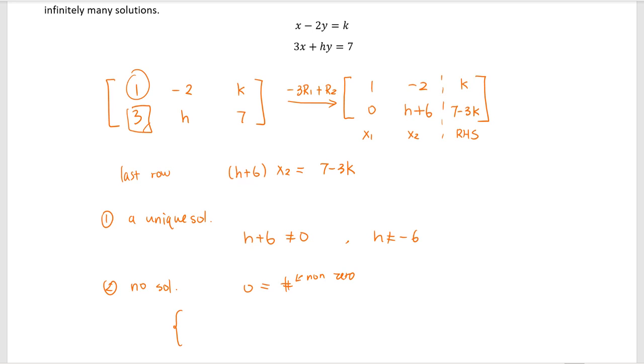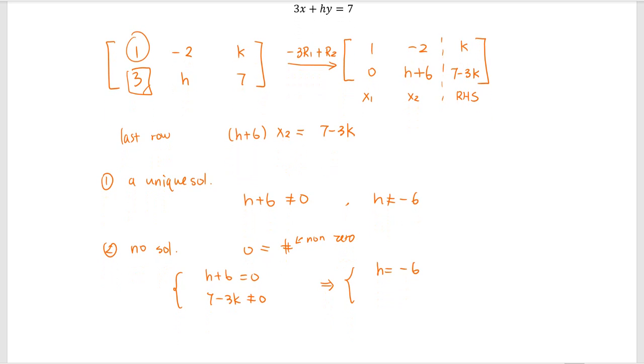So you want h plus 6 to be 0, and for the right-hand side, we don't want it to be 0. Solve for h: h is -6. Solve for k: move the 3k to the other side and divide by 3 on both sides. Then k is not equal to 7 over 3.